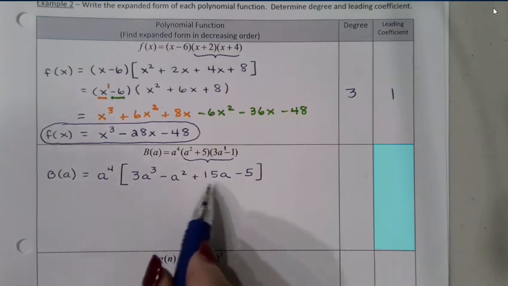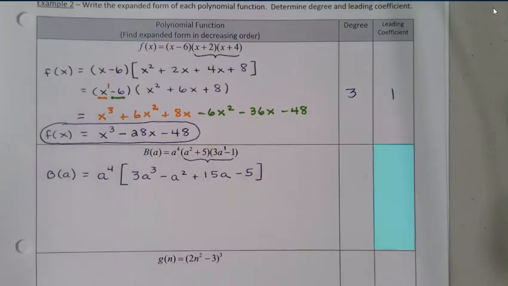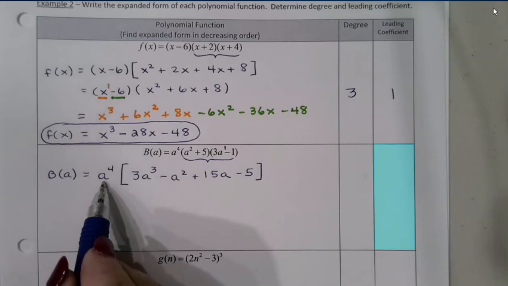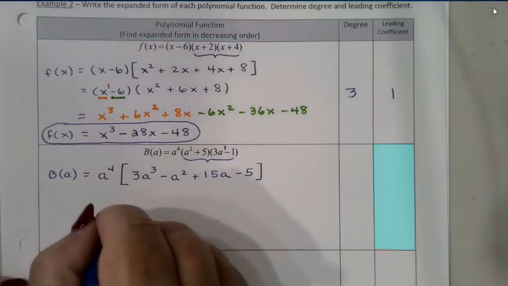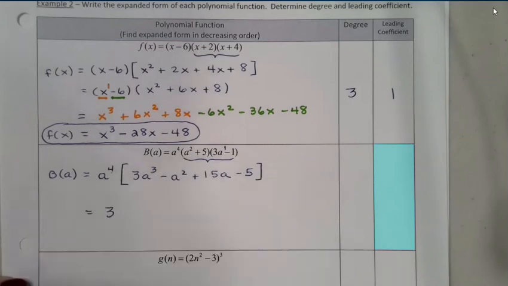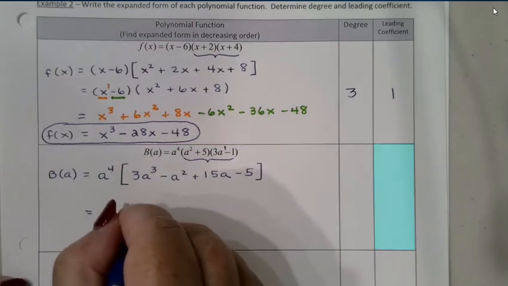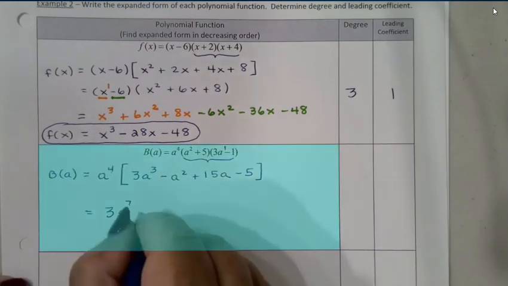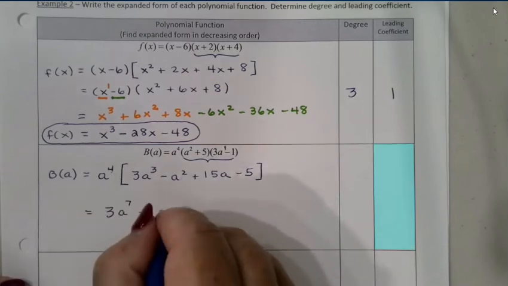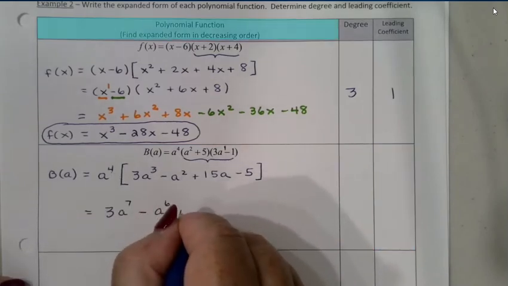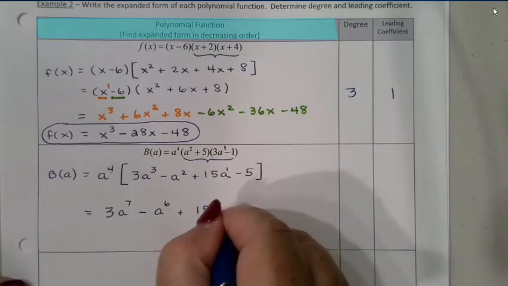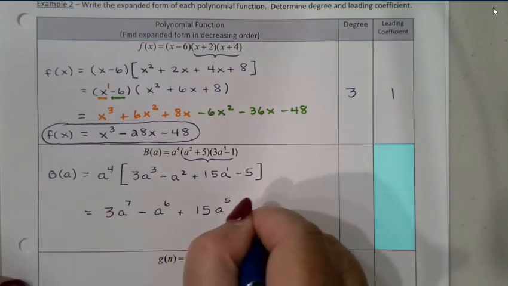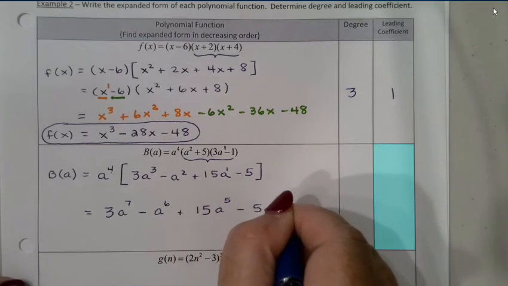This time I can't combine anything, so I can just go ahead and start distributing this a to the 4th all the way through here. Again, multiplying means adding exponents. So 3a to the 7th, subtract a to the 6th, plus 15a to the 5th, minus 5a to the 4th.